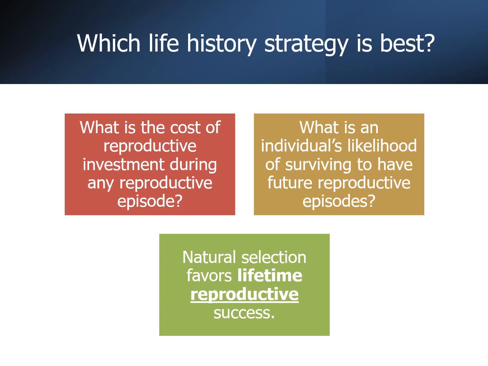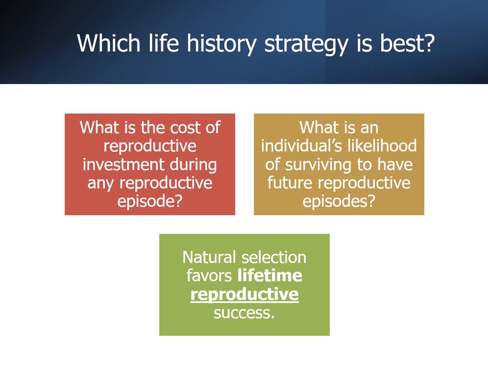If we were to ask the, what I consider to be, odd question of which life history strategy is best, we have to take into account two more questions in echoing that first question. And that is, what is the cost of reproductive investment during any reproductive episode?